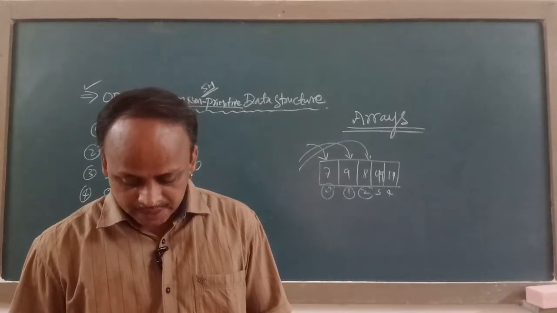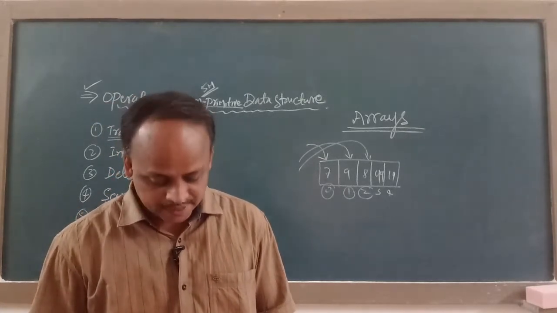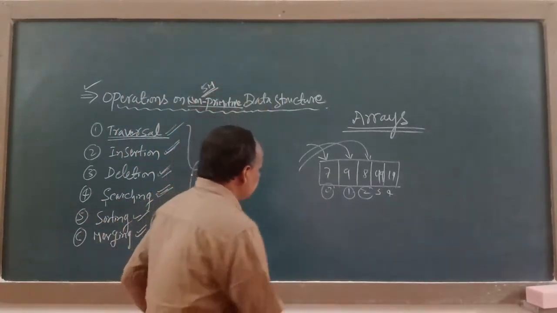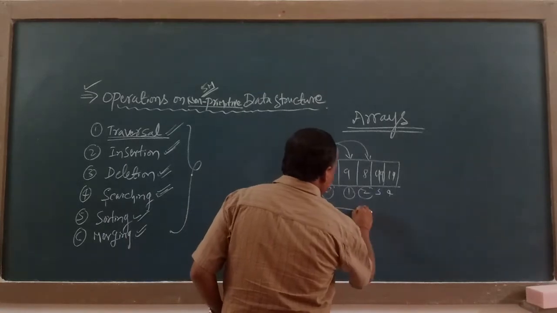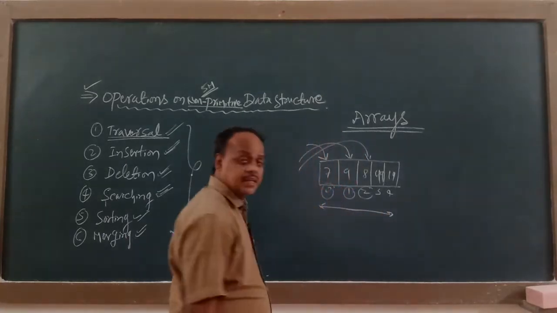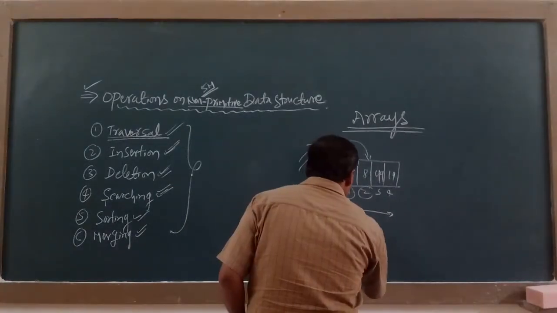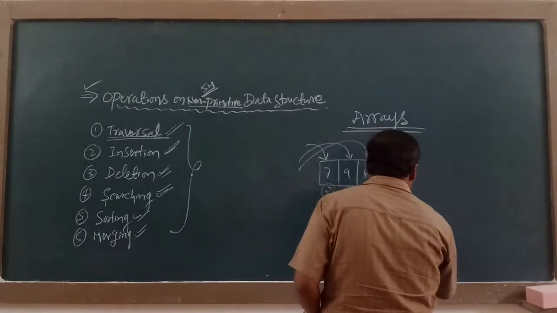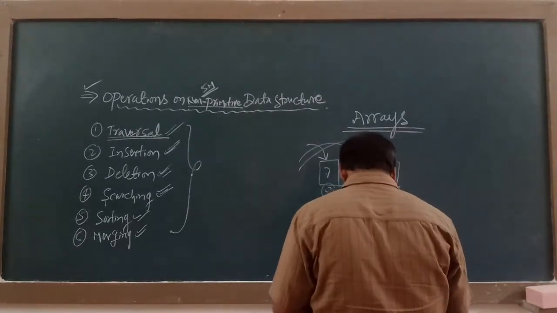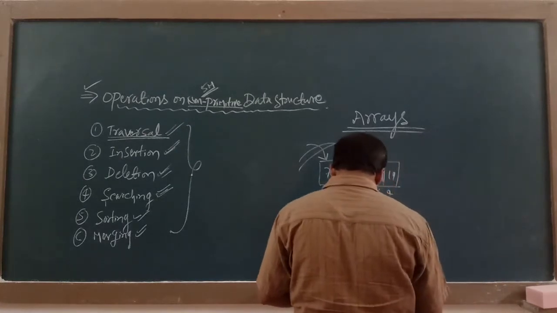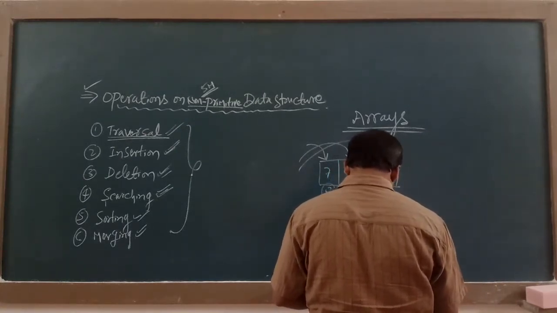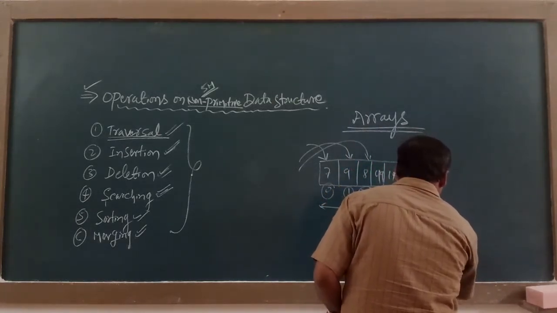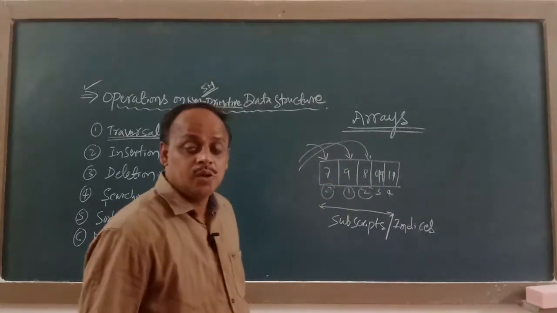Next point: these elements are accessed by numbers called subscripts or indexes. See here, these 0, 1, 2, 3, 4 are called subscripts, or we can also call them indexes.